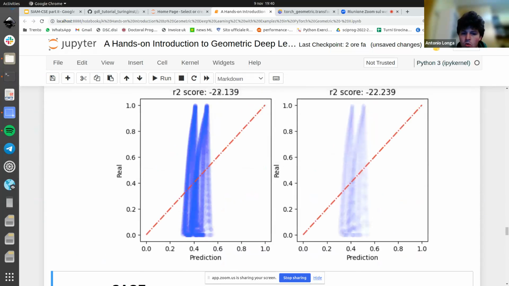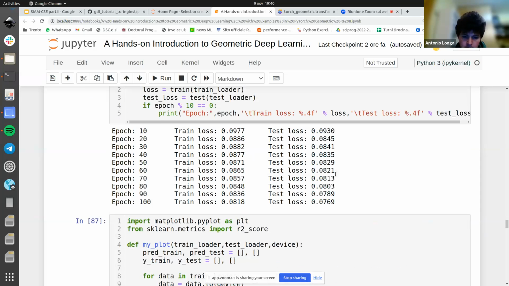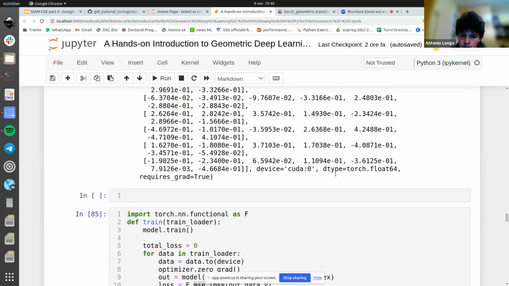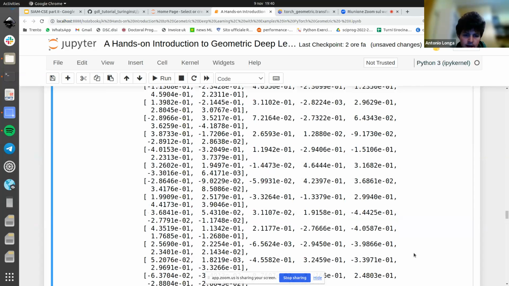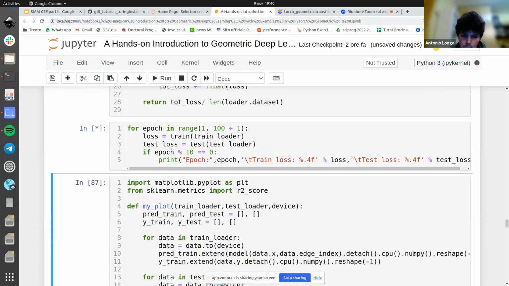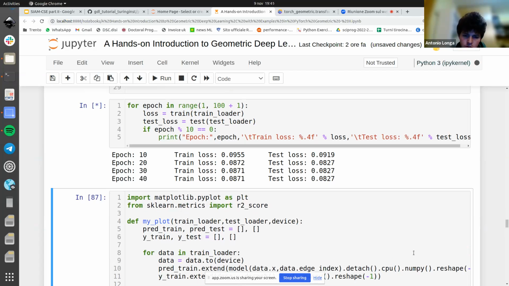So have a look at this training. It was really, really bad. What we expect is to have this horizontal line, and the prediction is quite bad, in both train and test. So let me try to increase the learning rate a little bit and see if we have slightly better results. Not so much.